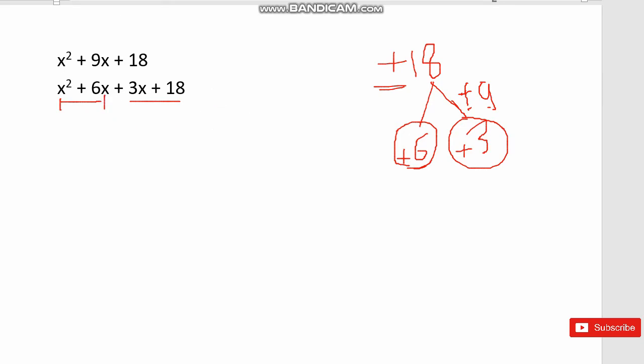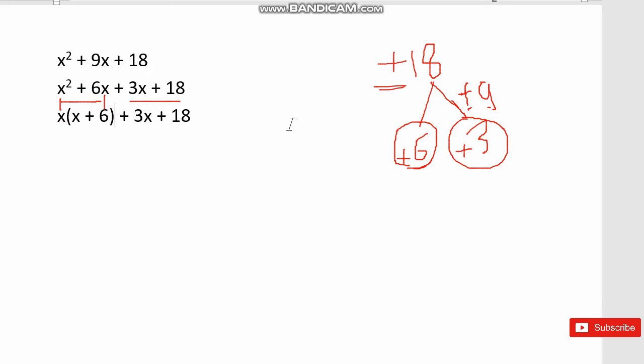So what is the common factor? In the first group, there will be x as the common factor. We can just take x as a common factor. So what is the remainder here? x into bracket x plus 6.